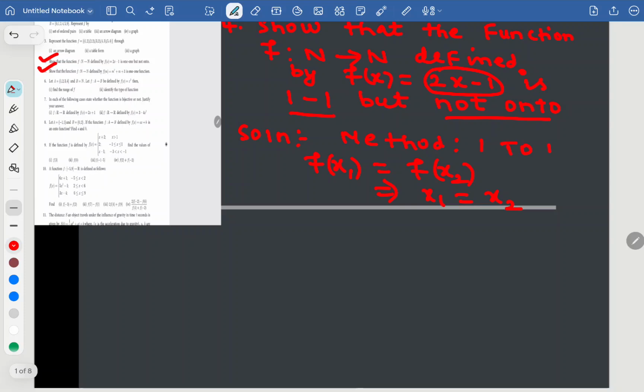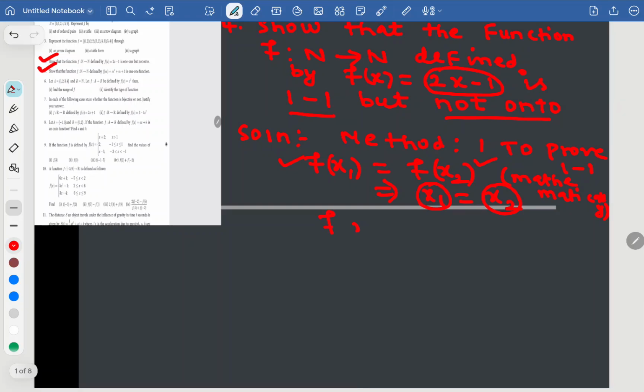To prove one-one mathematically, by equating f of x1 equal to f of x2, we have to prove x1 equal to x2. That is, image of x1 under f equal to image of x2 under f implies elements are equal. That is, x1 equal to x2.